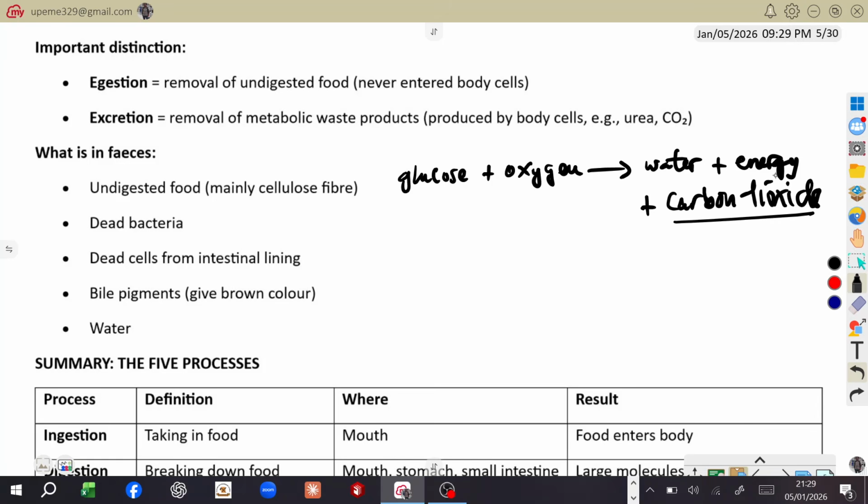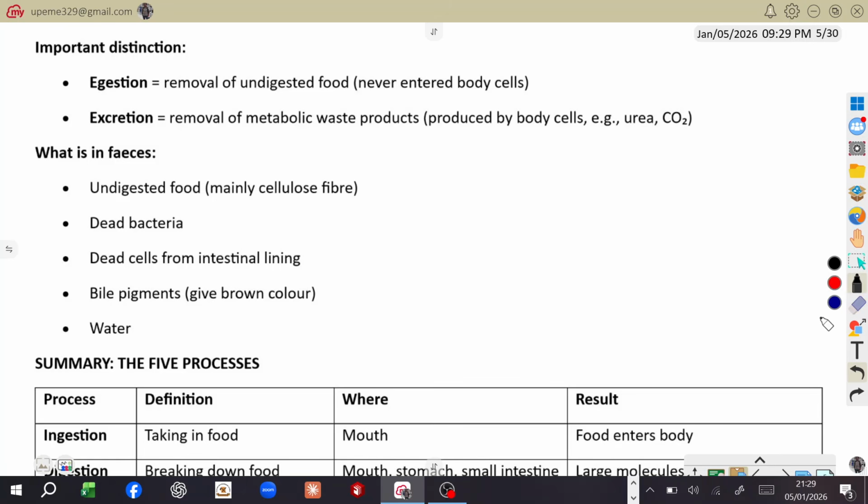So it has to be removed by gaseous exchange. So this process of removing this carbon dioxide, which is coming from this metabolic reaction, is a waste product. This process of removing it is excretion, different from what is referred to as egestion.